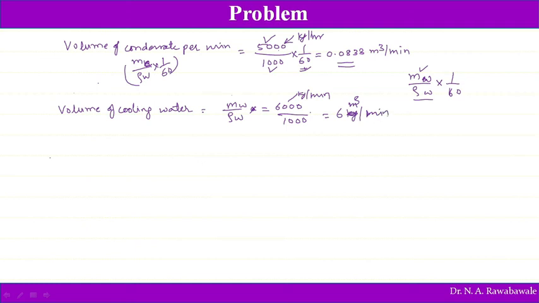So total volume is equal to volume of air plus volume of condensate plus volume of cooling water.